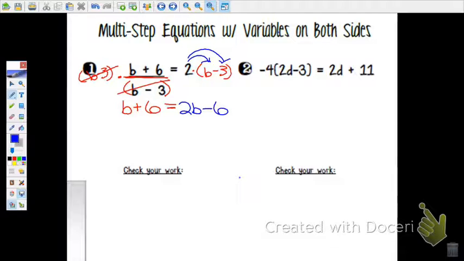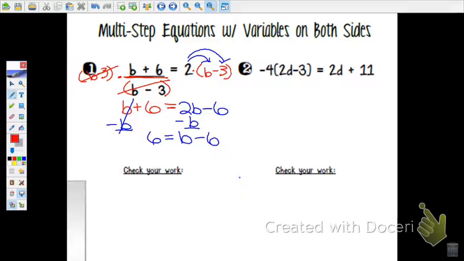So now that I took care of that, this is a problem similar to the problems that we were looking at on Friday, variable on both sides. So just as we were doing last Friday, we want to start by getting rid of one of those variable terms. I like to get rid of the smaller one. So I'm going to subtract b from both sides. 6 equals b minus 6.